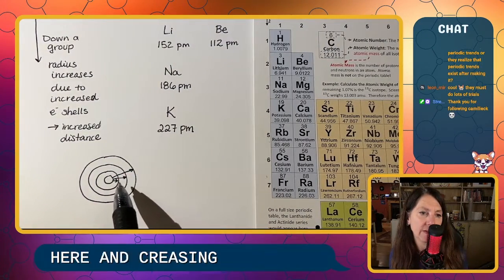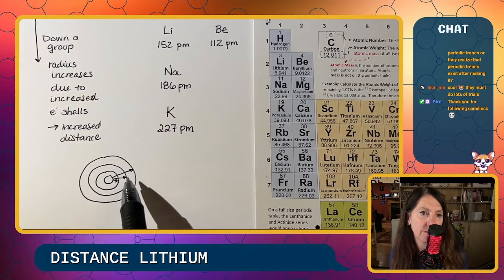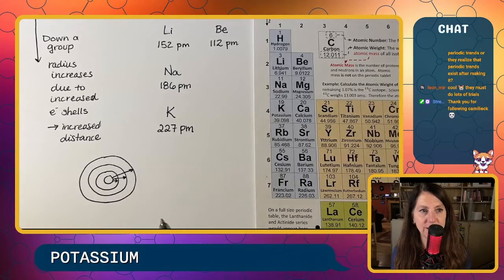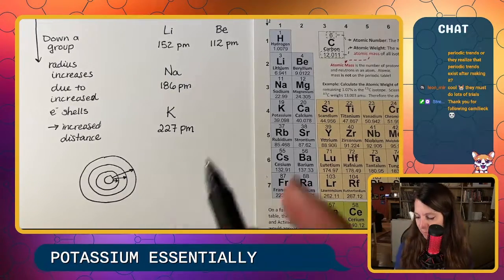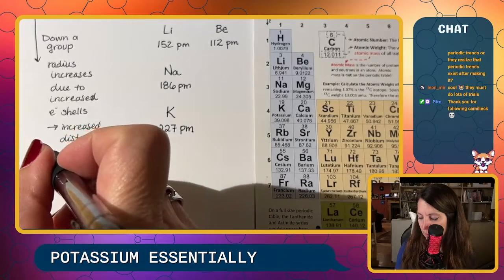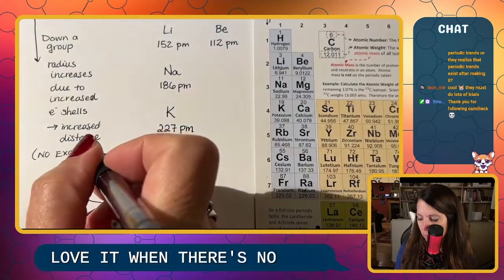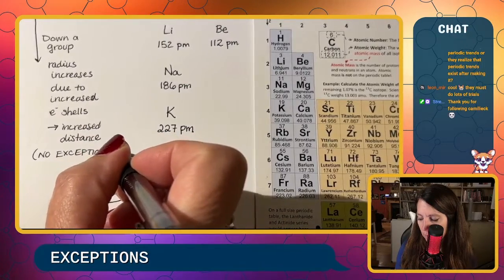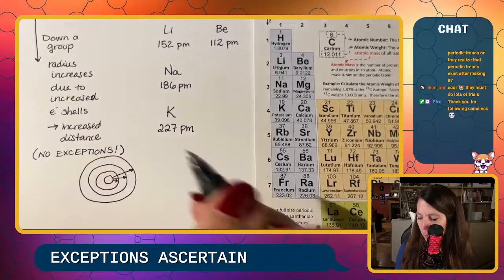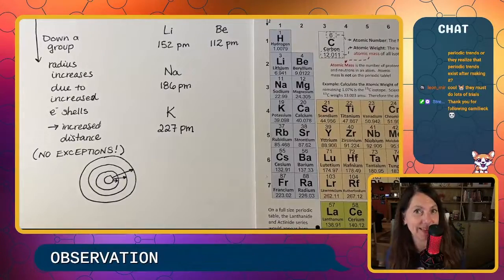Lithium, sodium, potassium, essentially. I'm going to put this on here. No exceptions. I love it when there's no exceptions to certain rules or observations. It just makes it so much easier.